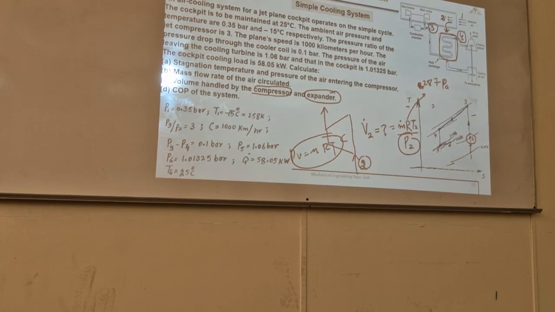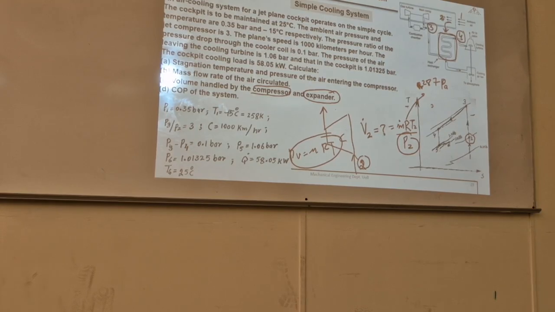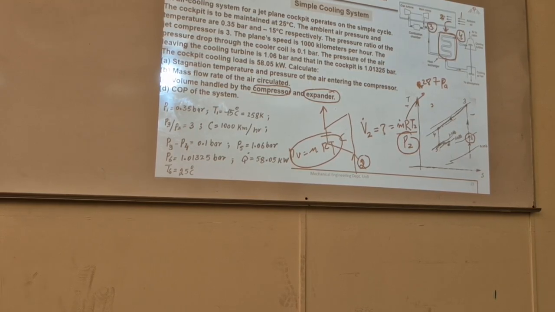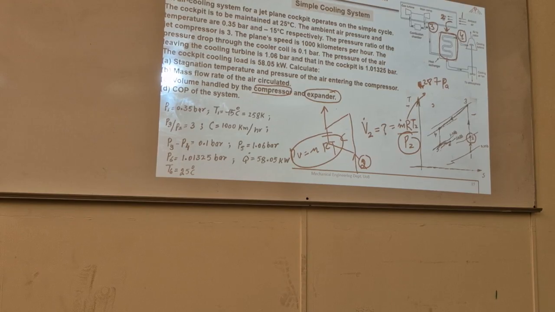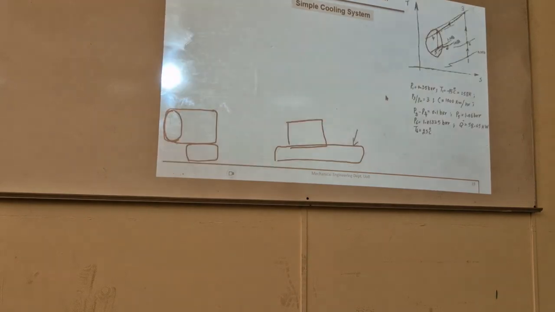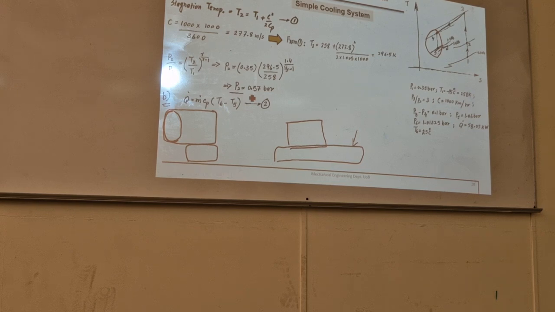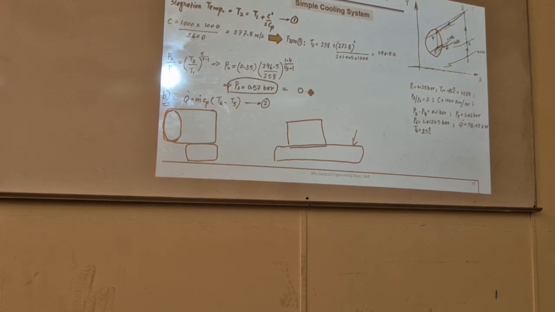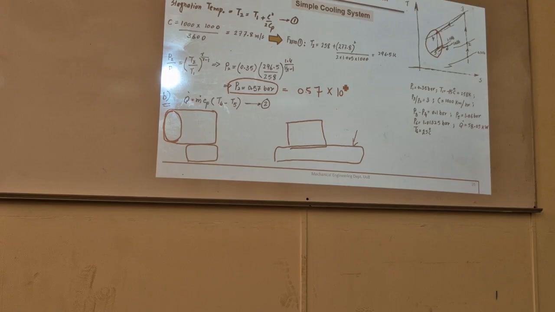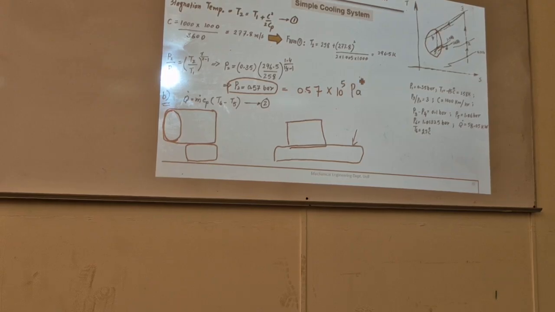What is pressure at point 2? Did we calculate pressure? Yes, we have P2, which we calculated, stagnation pressure, and that is in bars. So what is bar in pascals? 10 to the power 5. That will give you pascals.